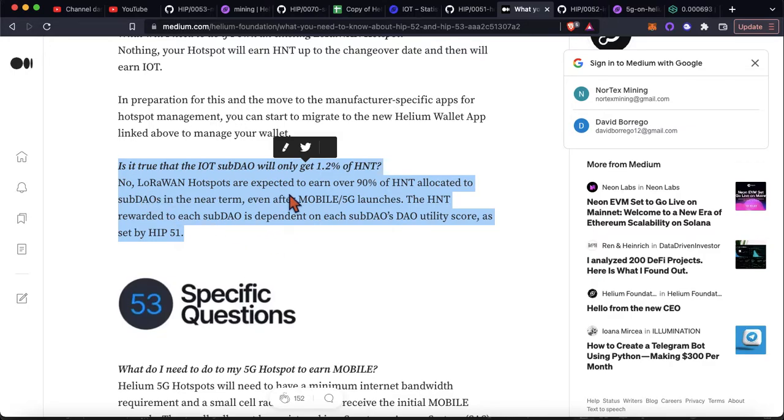The LoRaWAN hotspots are expected to still earn over 90% of HNT allocated to sub-DAOs in the near term, even after mobile 5G launches, which makes sense, right? There's going to be a lot more LoRaWAN miners than there are mobile 5G miners. And so you'd expect there to be a lot more stake going towards the LoRaWAN network.